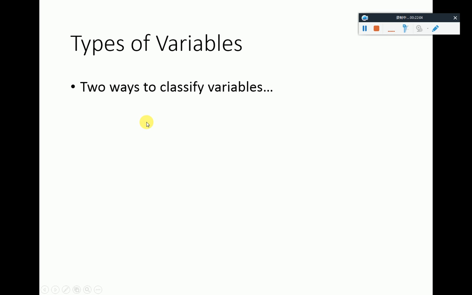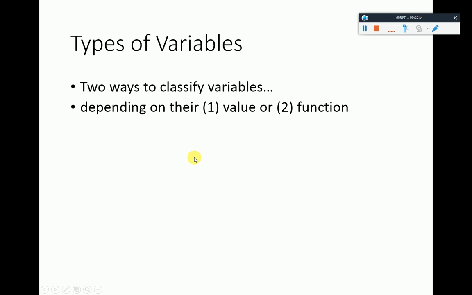It's a very important topic. So when we talk about different types of variables, there are two ways to think about the types. We can classify variables into different types, first of all, based on what values they take. Or we can classify variables into different types based on their use, what functions they have.